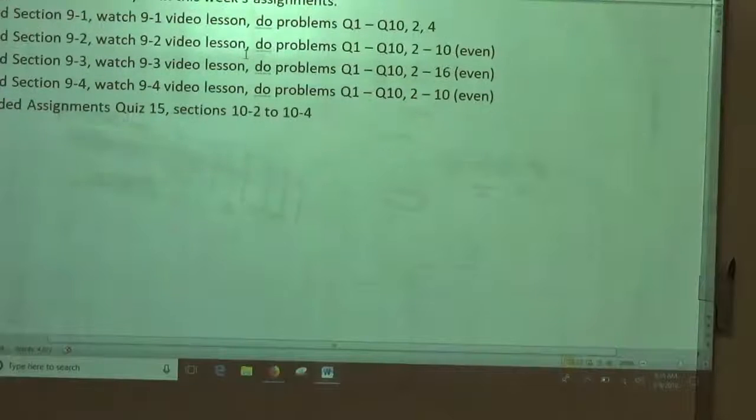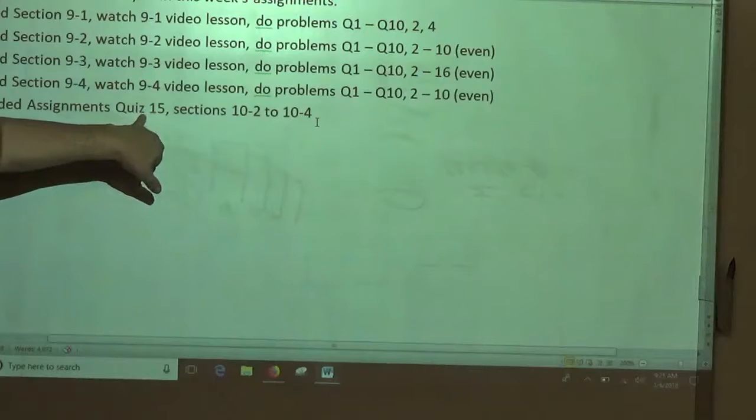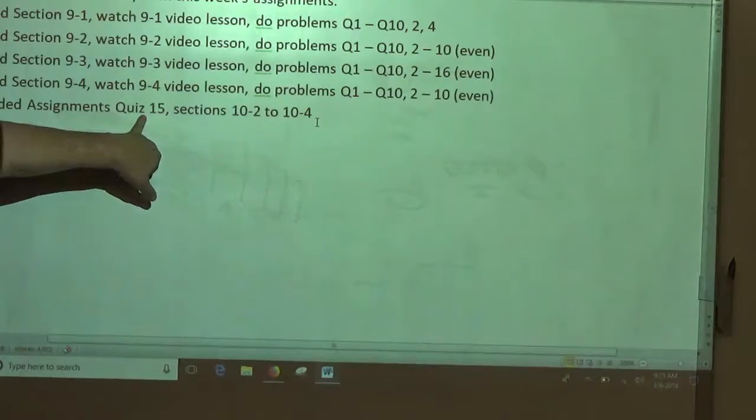Okay, so we're going to be moving into chapter 9. And chapter 9 is the conic sections. I'm going to explain conic sections during this class period, and you're going to see that it is relatively simple. Okay? Now, I've given you test 15, right?